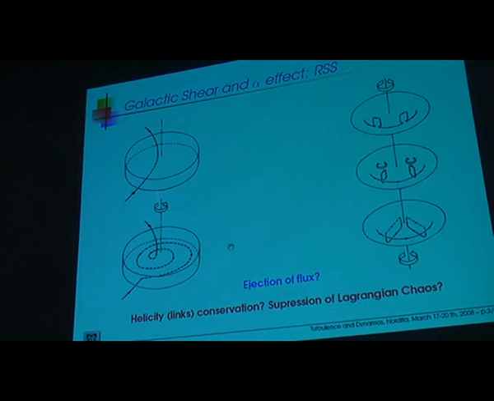Any radial field gets wound up and you get toroidal fields, and the crucial thing required of the alpha effect is to regenerate the poloidal fields by creating loops of the toroidal field, twisting them appropriately, letting them all merge, and then regenerating the radial field. So this is what the alpha effect does for you.